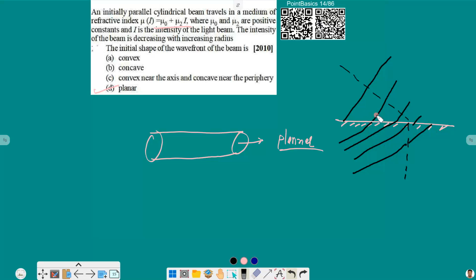This angle changes, but initially it was planar and again it is planar if the medium is a continuous medium. If we have a medium like a lens, then the structure of the wavefront will change. It will either become converging or diverging. So here initially it was a planar wavefront.